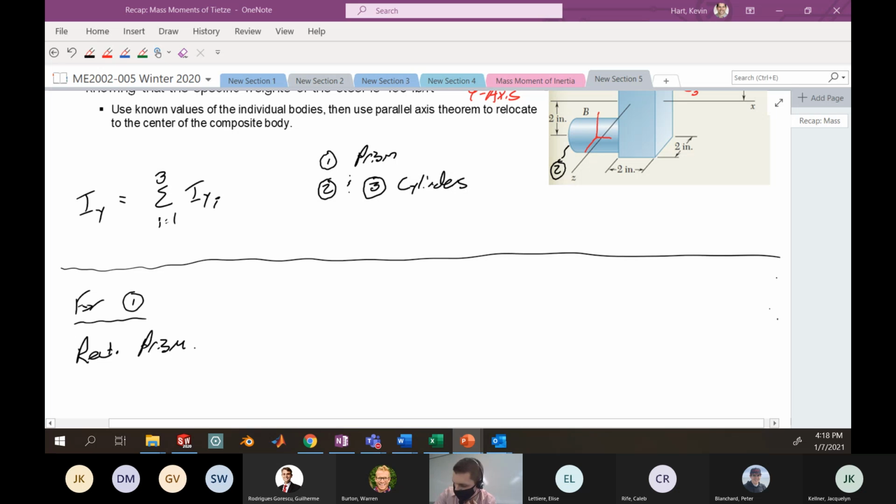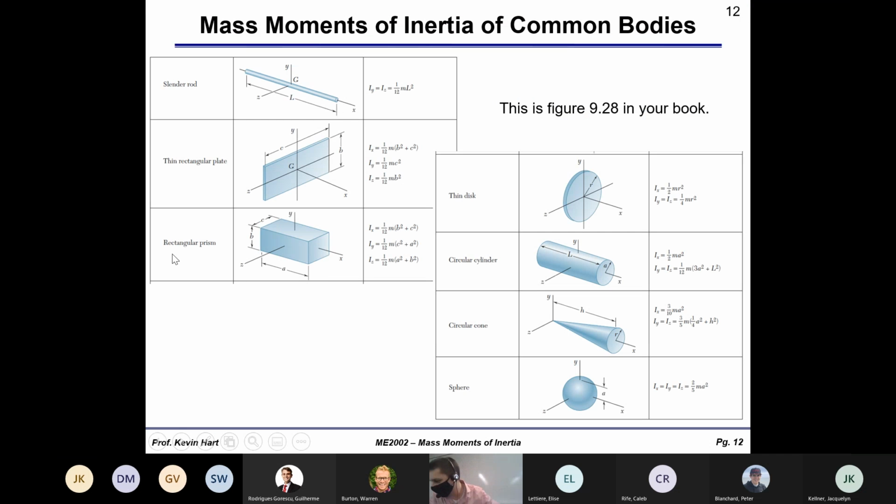If you have a rectangular prism with dimensions A by B by C, which is what we have here, and we can define A, B, and C going back to the image in just a second, note that this image shows the mass moment of inertia about an axis piercing through the long axis of the prism is 1/12 the mass times the dimensions of the cross section B by C, which is perpendicular to this axis.